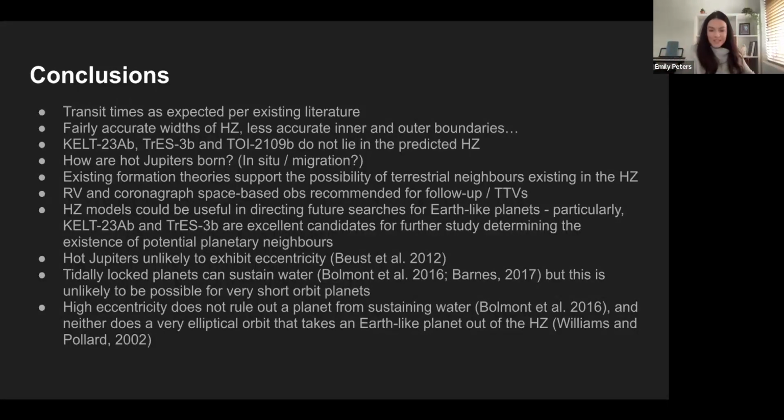The models can definitely be improved. The models that we used were 1D, and by adding in some more accurate climate information, and particularly drawing from some 3D models, you could improve the accuracy of the inner and outer boundaries.